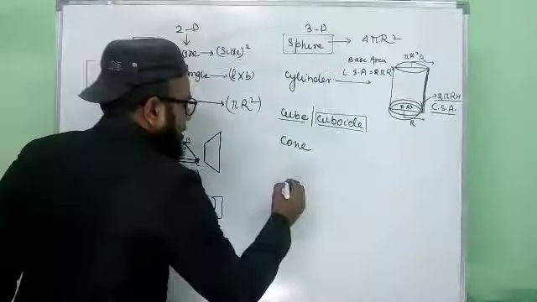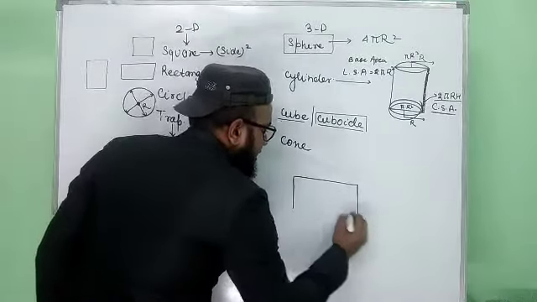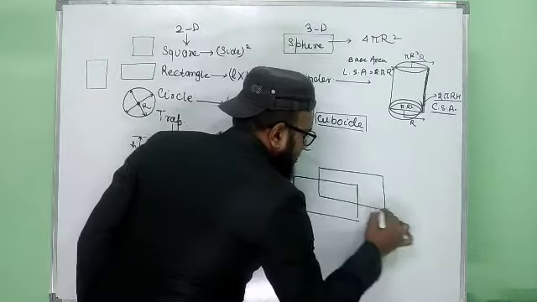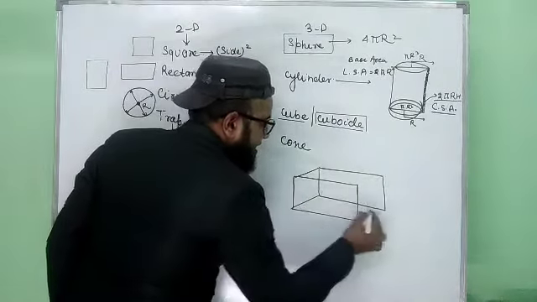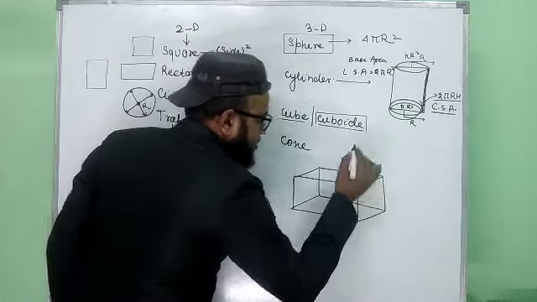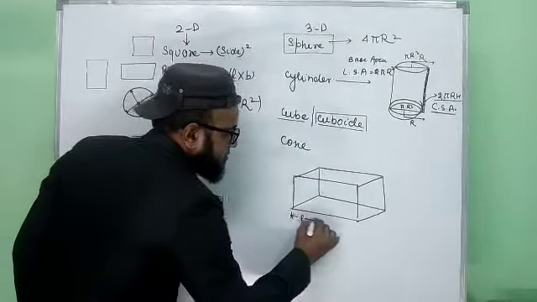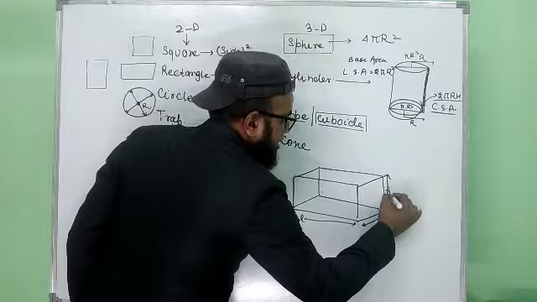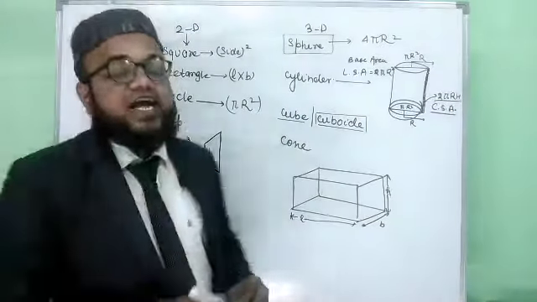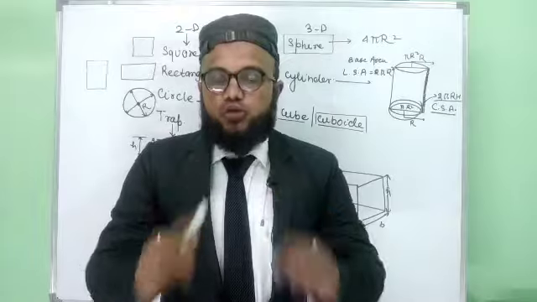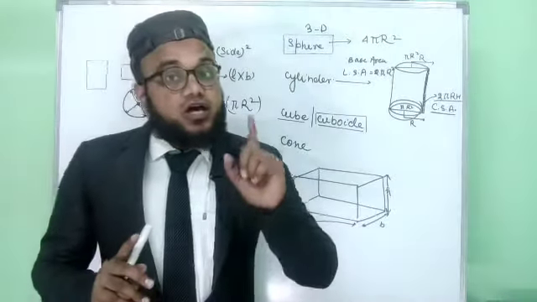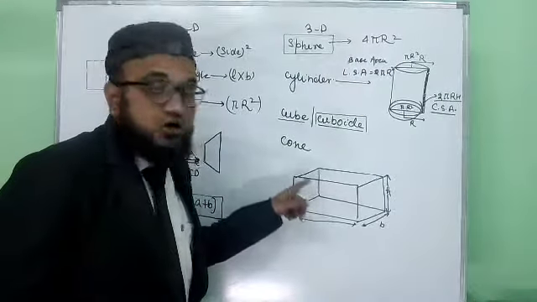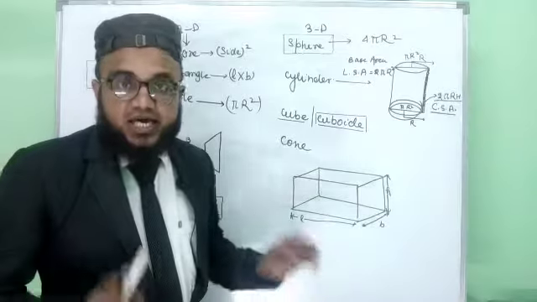Here I am drawing a rough diagram of a cuboid, with length, breadth, and this side being the height of the cuboid. Before finding the area of any cuboid, check whether it is based on curved surface area or the base area. What is the base area in the case of a cuboid?